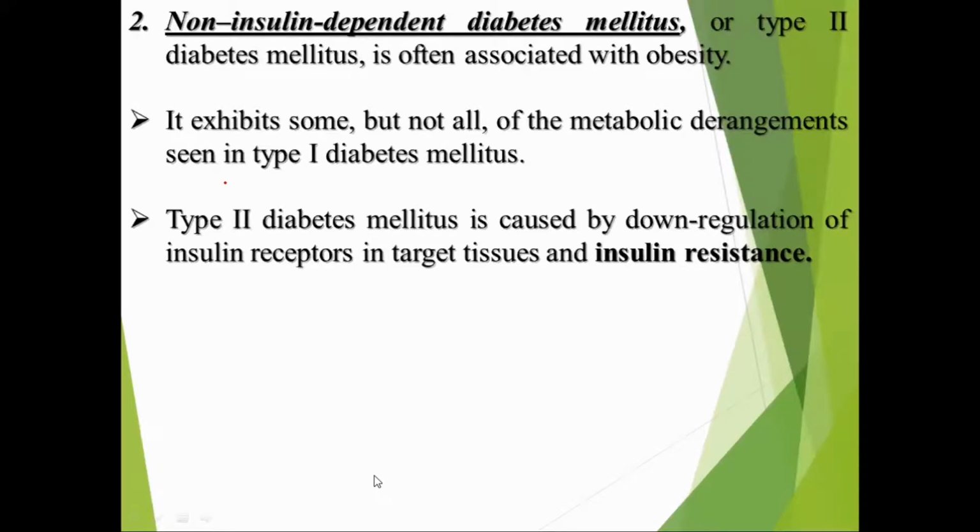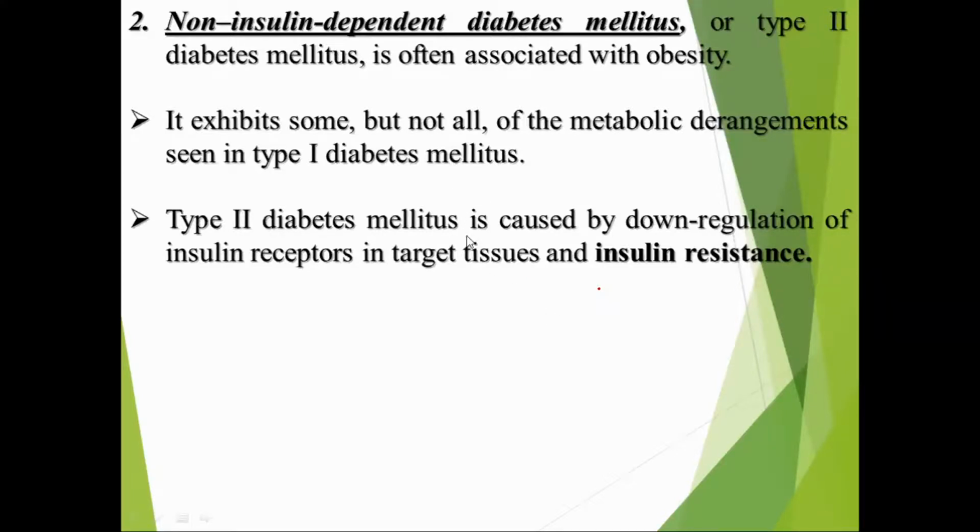So insulin is available. So some of those tissues are working, and then they are showing their action; receptors are available and they can bind. So type 2 diabetes mellitus is caused by down regulation of insulin receptor in target tissues and insulin resistance.